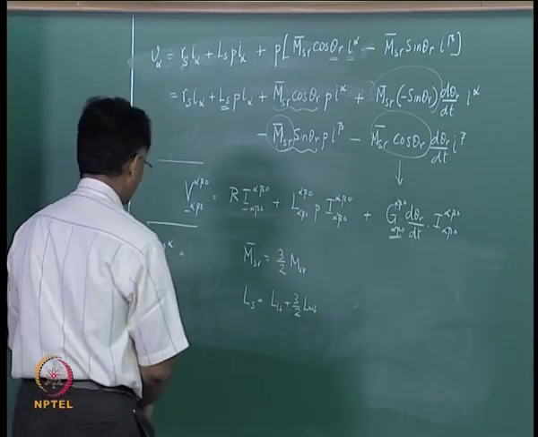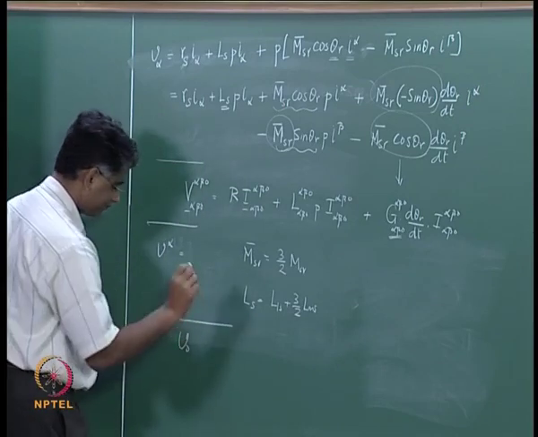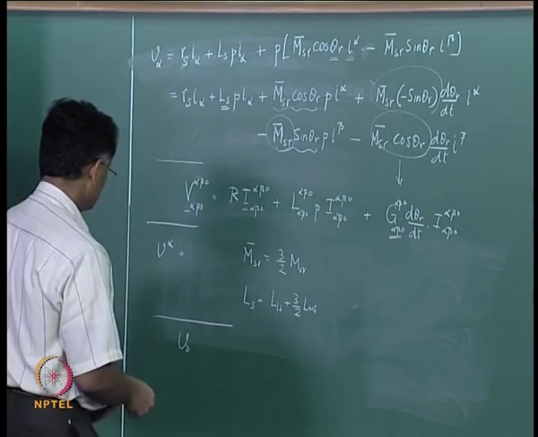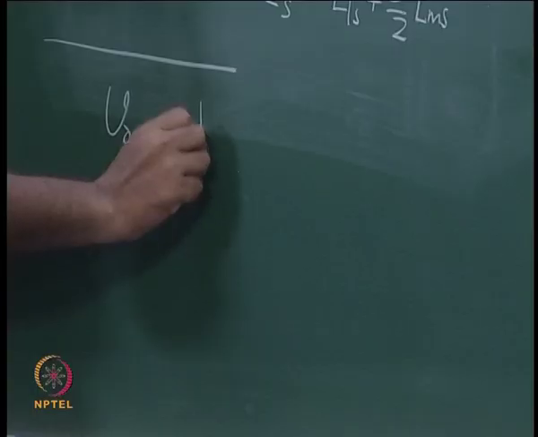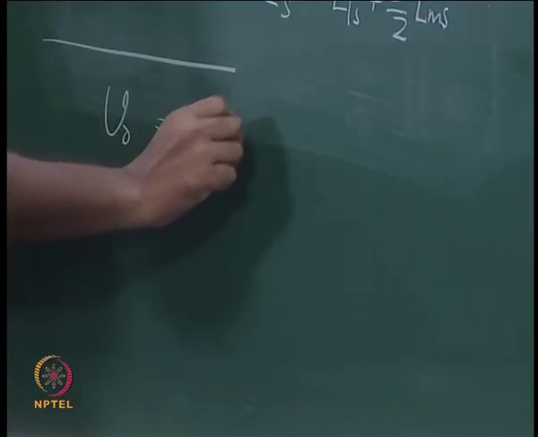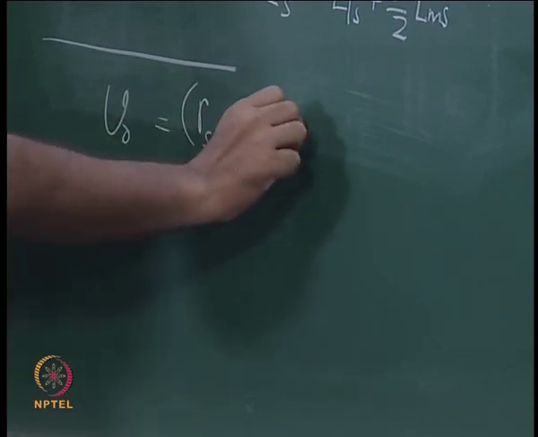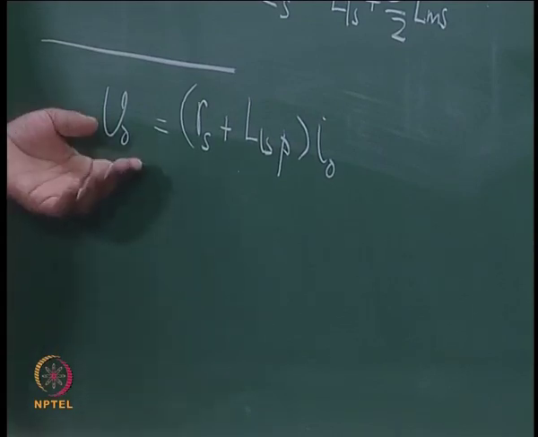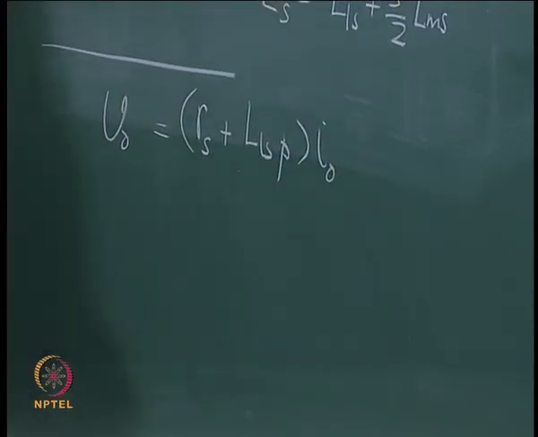We of course will not have an expression for V0. If you remember, V0 for the stator was nothing but Rs plus Ls P multiplied by I0. I alpha and I beta do not figure in this expression.